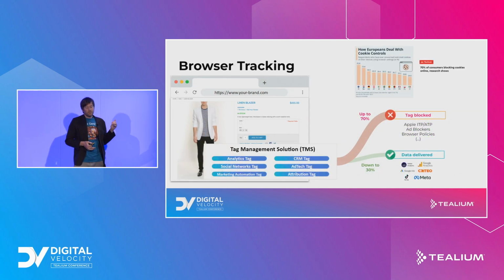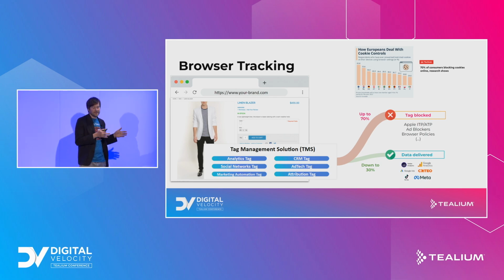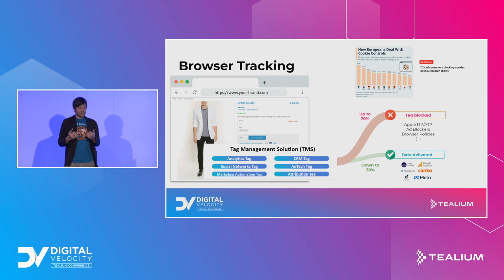And when we talk about how to process the data, there are different concepts out there, because I have to find the data in the data layer and decide what I'm going to do with it, right? So browser-based tracking. This is a concept or a practice of monitoring and collecting data about a user's online activities through the browser.